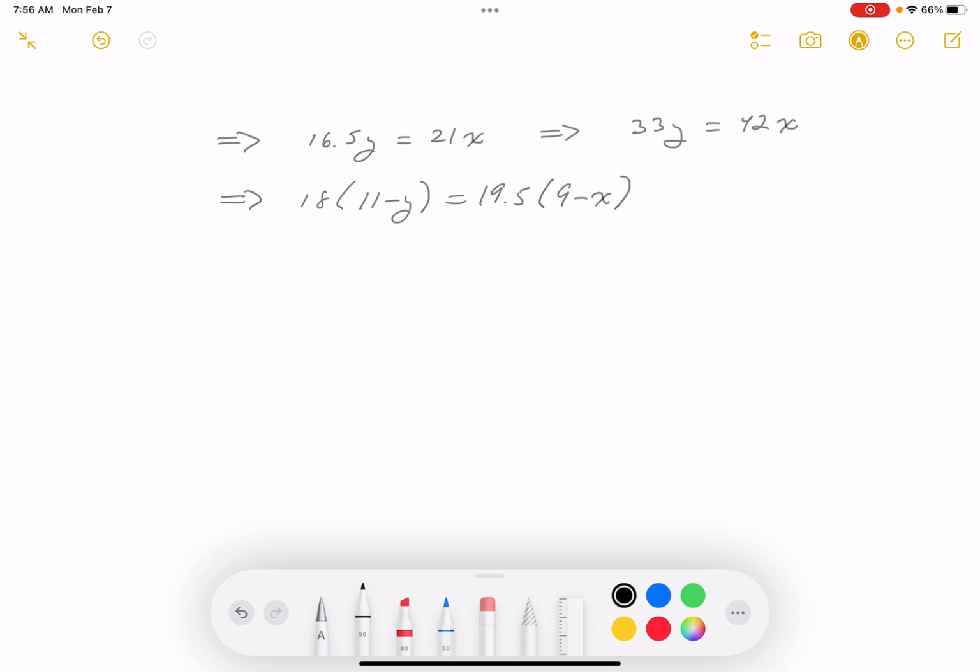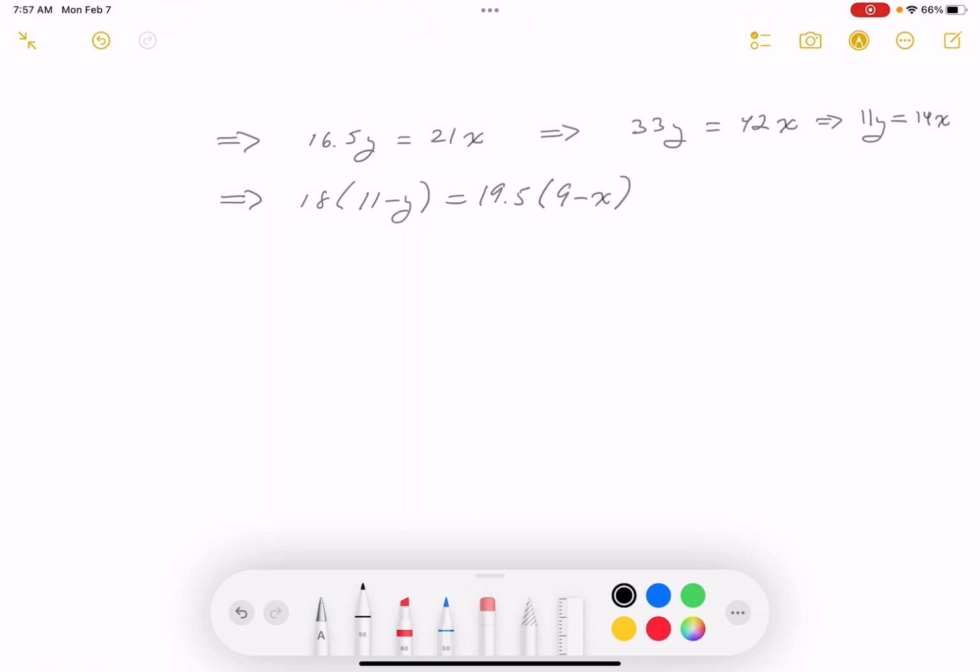Yep. And what I'm noticing is it reduces nicely. So if I looked at that, I could divide through by 3. So it's 11 Y equals, and 3 goes into 42 14 times. Let me just check that. 3 times 11 is 33. 3 times 14 is 30 and 12, 42. I feel good about that.